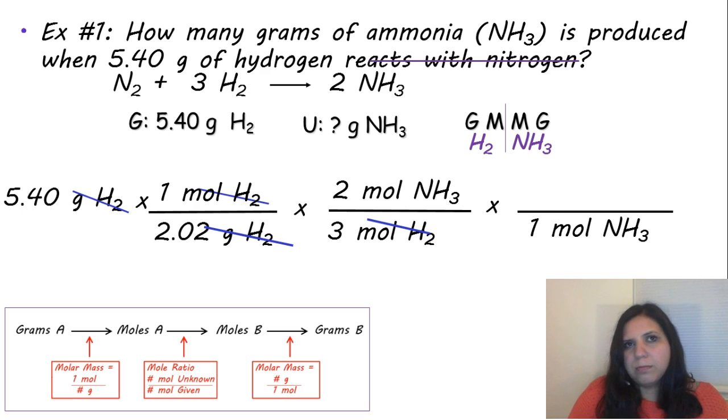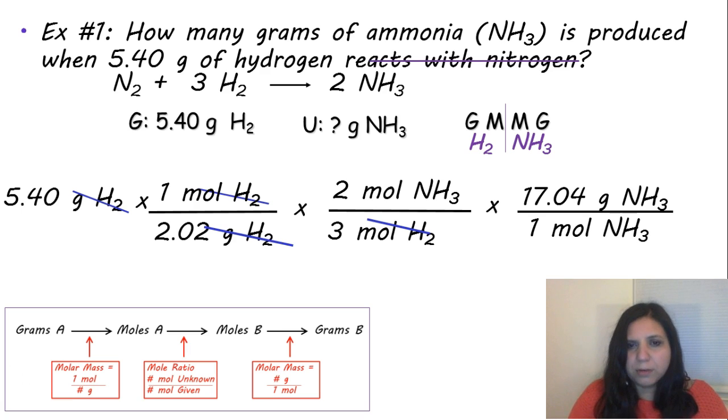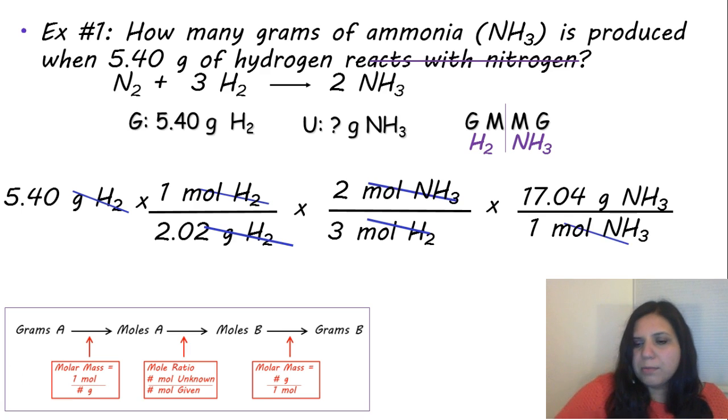Nitrogen is 14.01 plus 3.03, because that's 3 hydrogens, gives me 17.04 grams. And my moles cancel. Okay, I'm going to do the math, and remember there are many ways to do this. I could take the top numbers, multiply them, put them in parentheses, and then divide by the bottom numbers multiplied, also in parentheses.